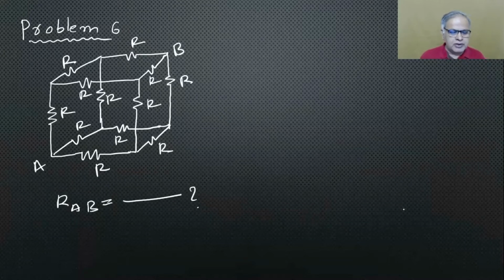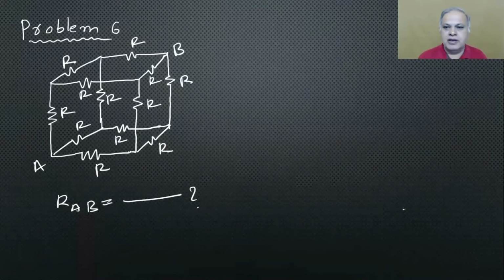Now look at this. There is a cube, every side of which has one resistance R. How do we find the equivalent resistance between A and B?